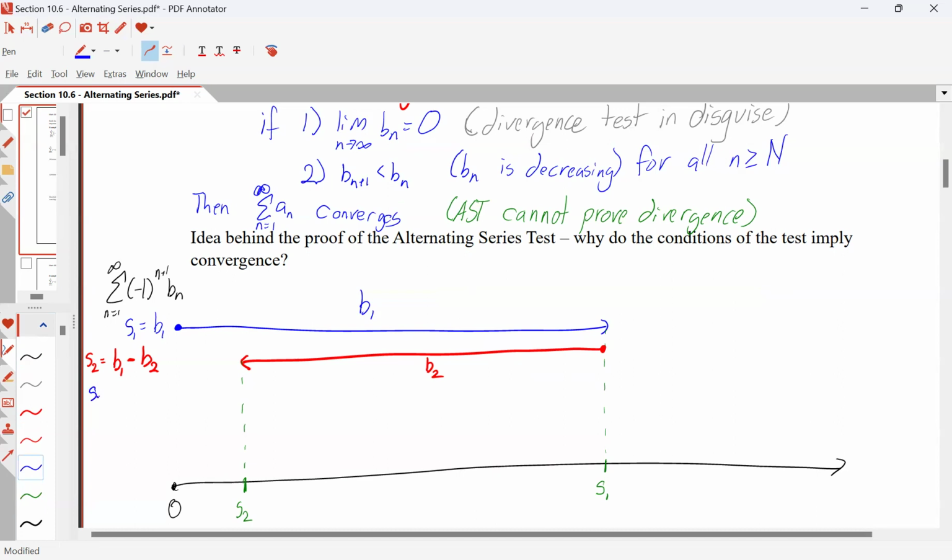So if we looked at S3, we're going to take b sub 1 minus b sub 2 and then add on, because 3 into the sequence would be -1 to the 4th b sub 3, add on b sub 3. This term is smaller than b sub 2, and we're picking up where we left off and going some distance that's shorter. So there is the third partial sum. And so it's going to keep decreasing.